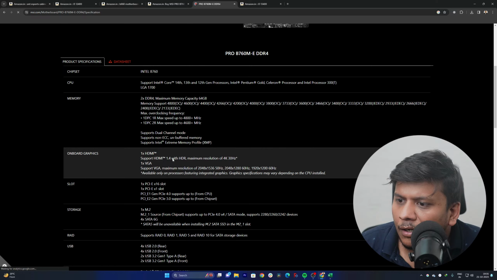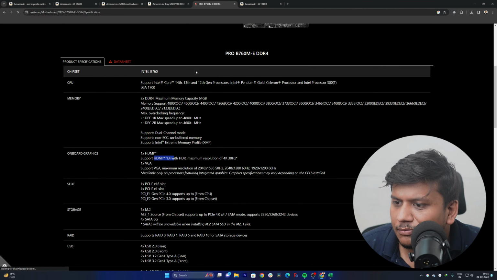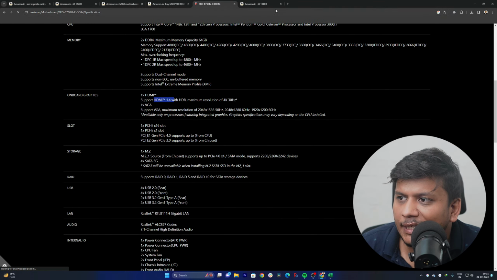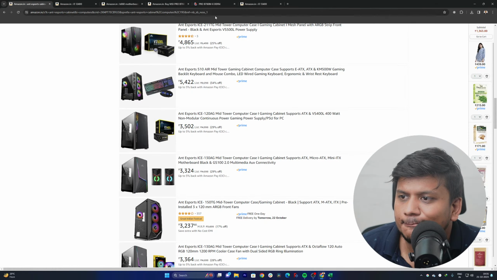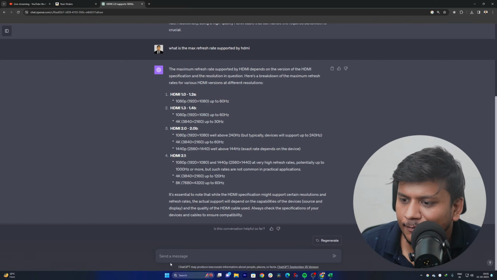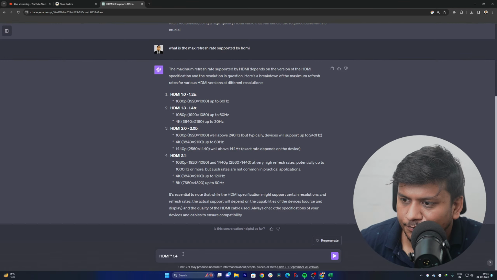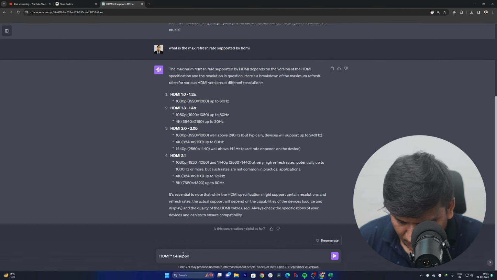Okay, okay, so this one is HDMI 1.4. Sometimes we do not go through these specs, and then later on we realize that we haven't bought the correct item. So here we have HDMI 1.4 support.